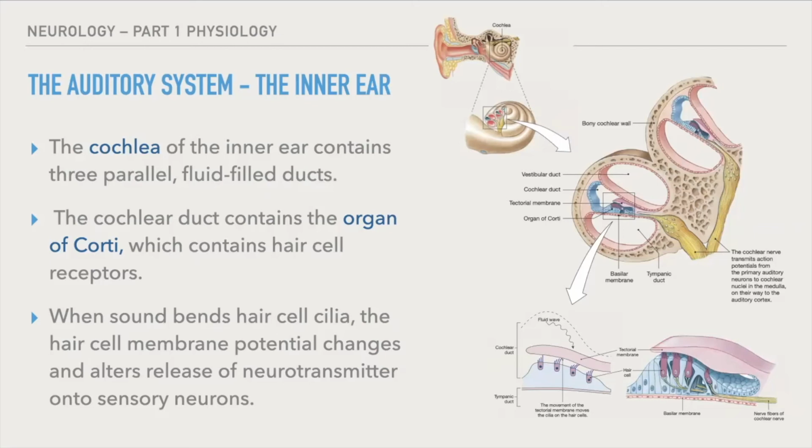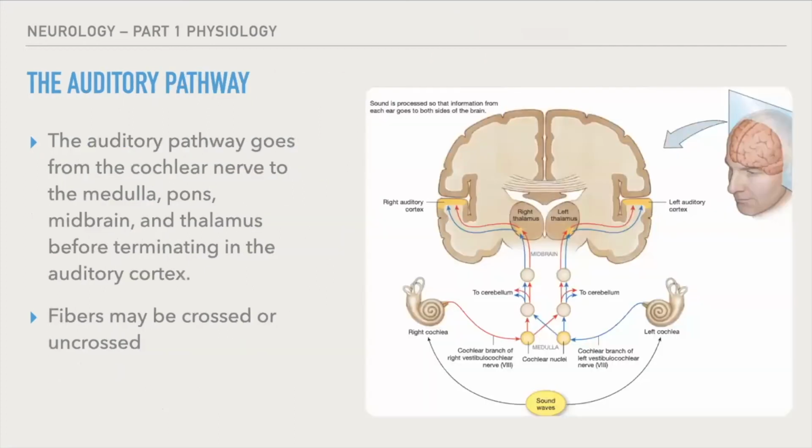When the cilia bend in one direction, it causes depolarization, while bending in the opposite direction causes hyperpolarization. The oscillating potential causes the intermittent firing of the cochlear nerve. And this is how the organ of Corti works, causing the action potential that will be transmitted to the auditory pathway.